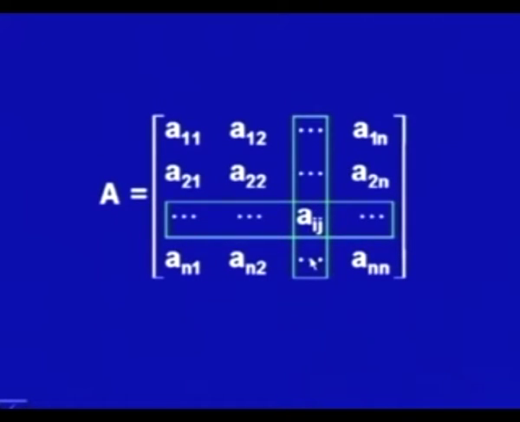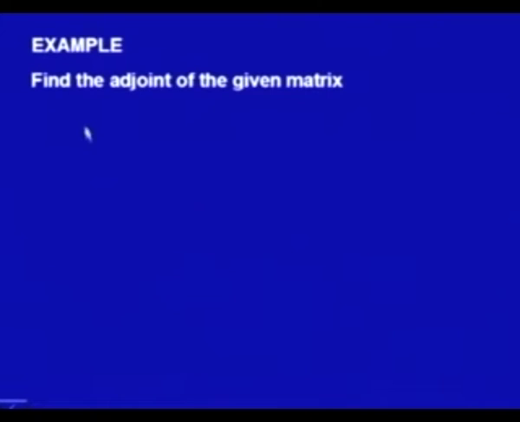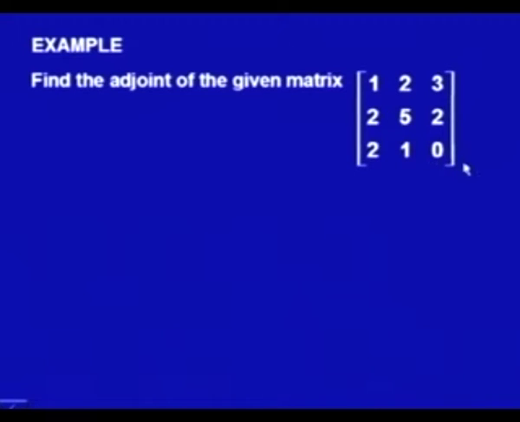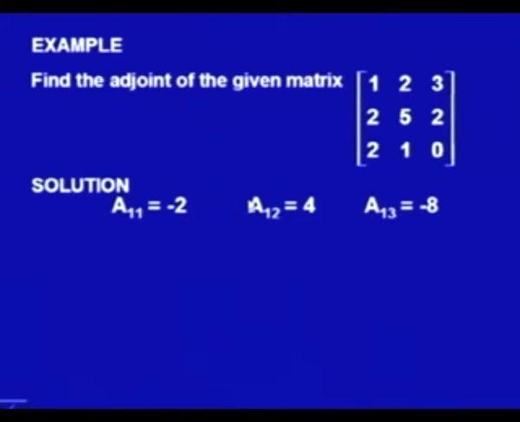Take its determinant and then multiply it by minus 1 raised to power i plus j, and that becomes the cofactor of Aij. For example, if you have to find the adjoint of the matrix 1 2 3, 2 5 2, 2 1 0, a 3 by 3 matrix, then you have to find the cofactors of the elements of this matrix.